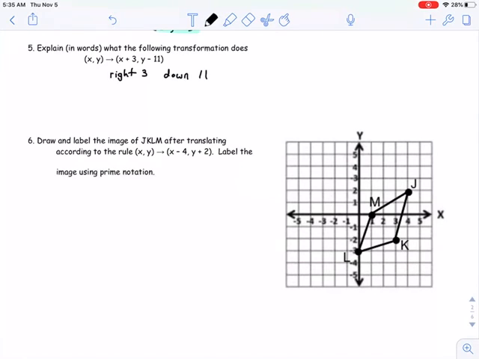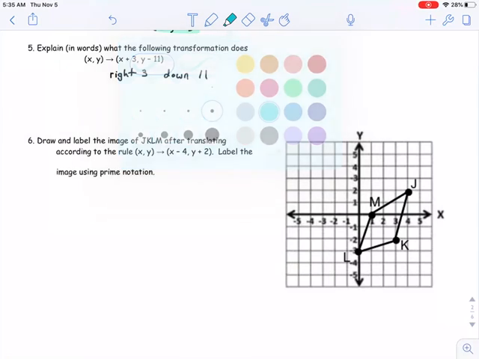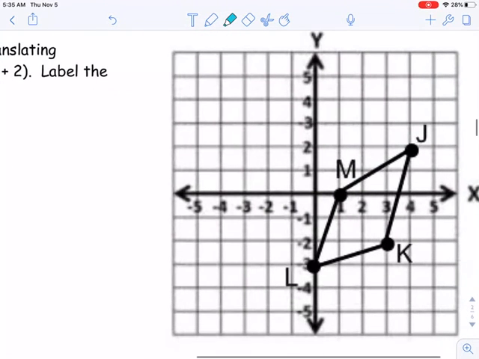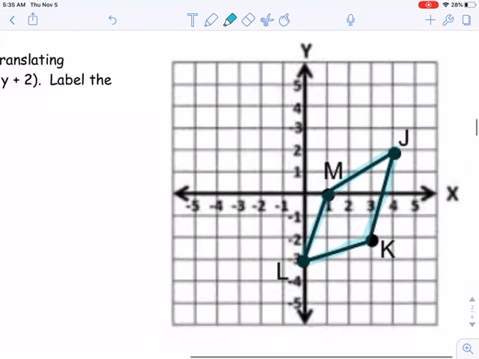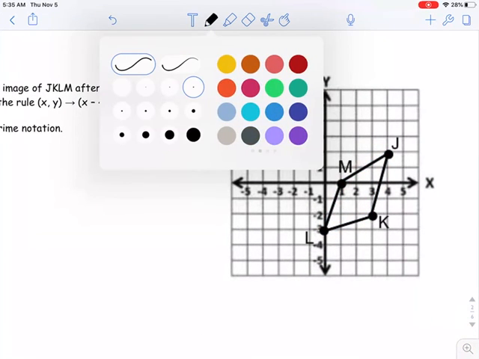Draw and label the image JKLM after translating according to the rule (x, y) arrow (x minus 4, y plus 2), and label the image using prime notation. So let's do this. I'm going to do it the cheaty way, but still explain it in great depth. Watch this. This is going to be so cool. Actually, let me do it like this.